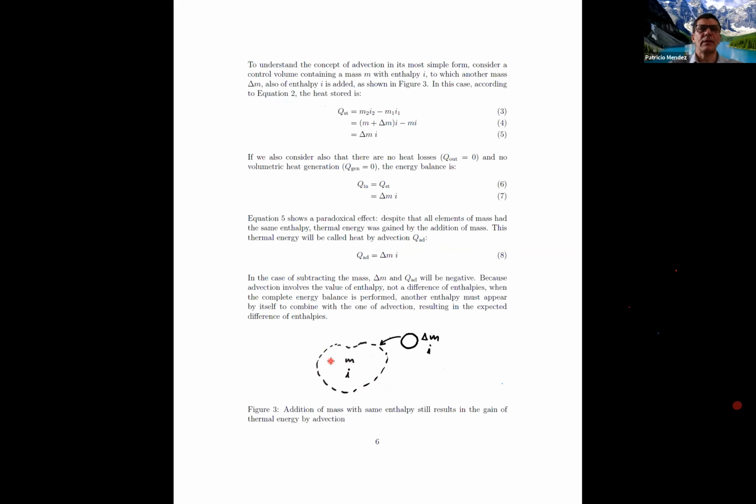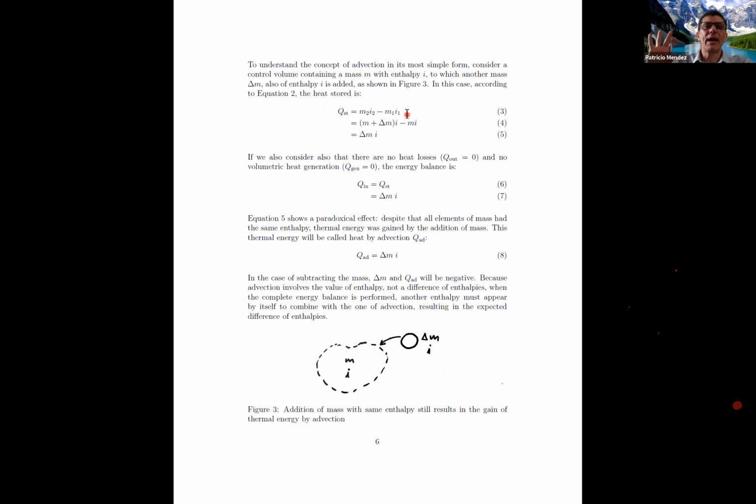So let's make this concept of advection concrete. Here we have Q stored, this equation number 3 that you've already seen, which is mass times enthalpy at time 2 minus mass times enthalpy at time 1.